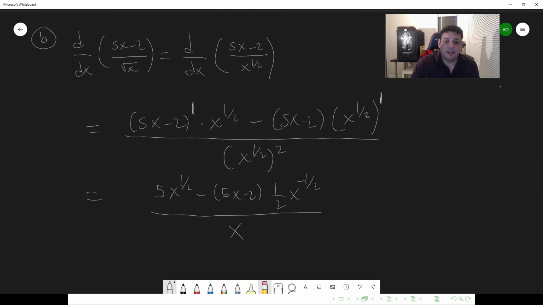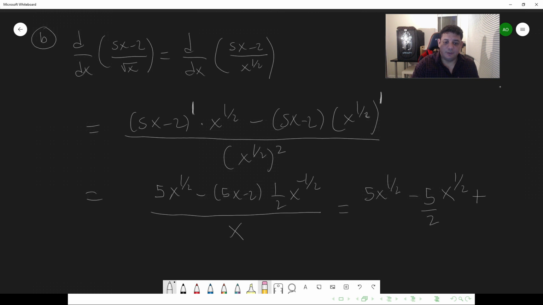Or we can just simplify a little bit by multiplying some of the terms. So in this case, this is going to be 5x. And if I'm going to multiply by this one, I get 5/2. And I get x. 1 minus 1/2 is going to be 1/2. And now this minus and this minus is a plus. So plus.